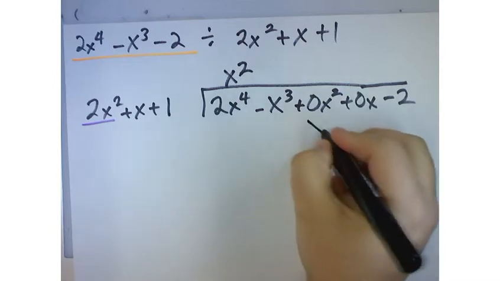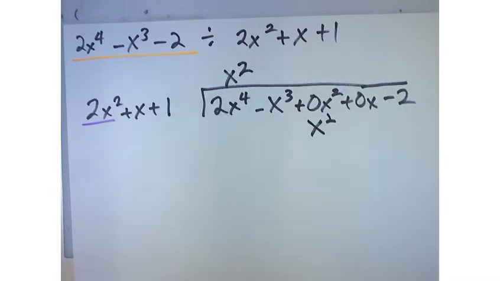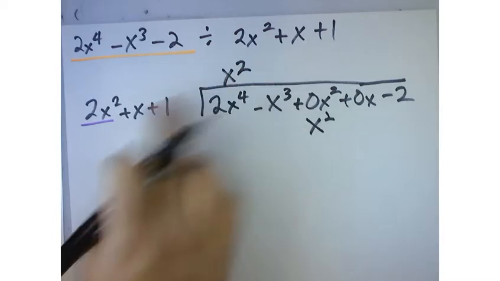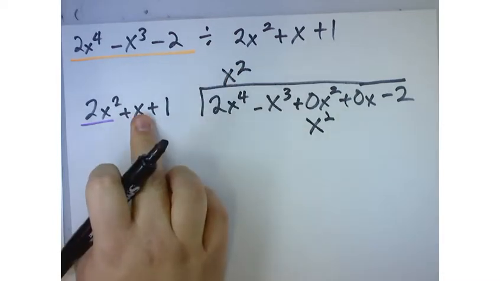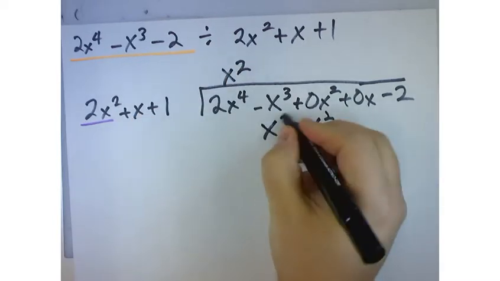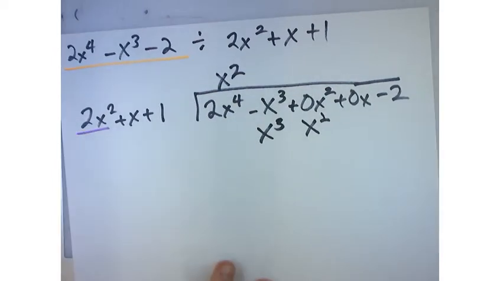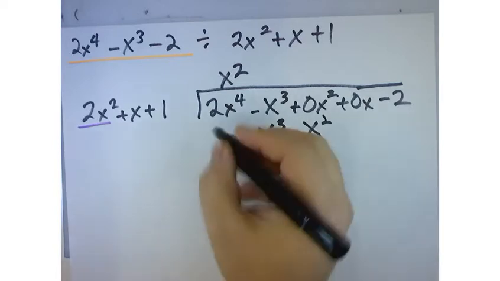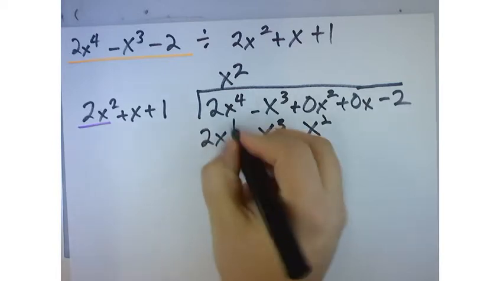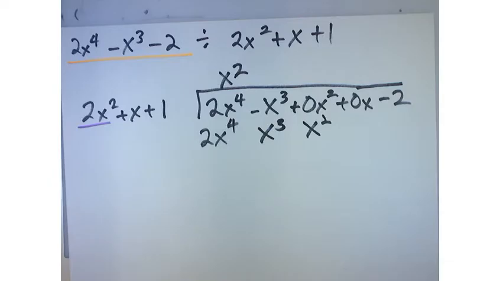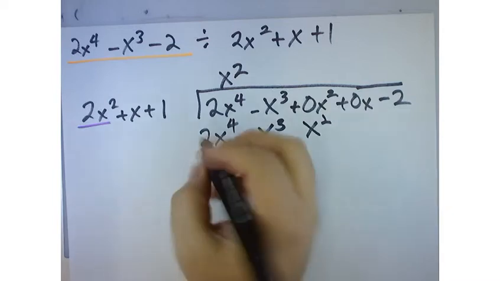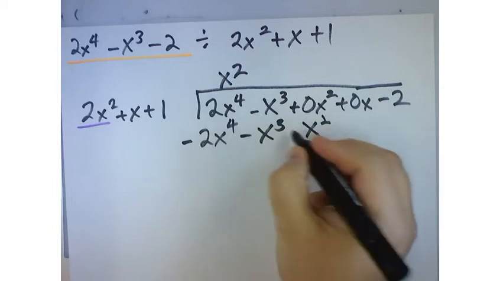So I'm going to place that over here by the x squared. What's x squared times x? x cubed. What is x squared times 2x squared? 2x to the 4th. Now what did I do when we did the long division problem? At this stage, after we multiplied the product, what did we do next? We subtracted. So I'm going to subtract that, and subtract that.